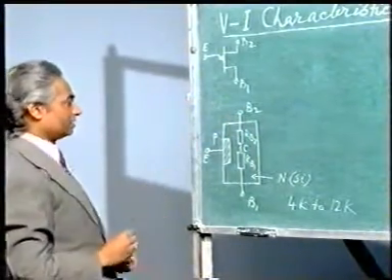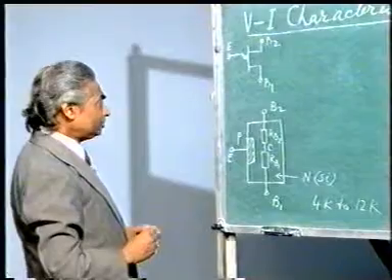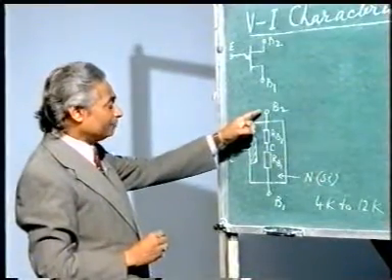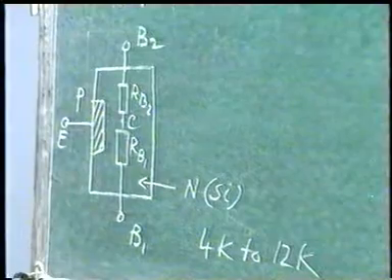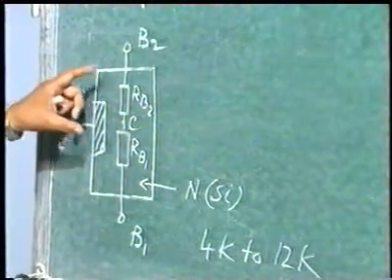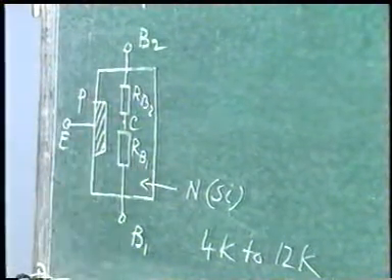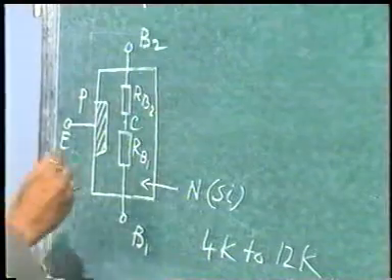This is the construction. Now suppose I give a supply between B2 and B1. B1 and B2 are known as the interbase terminals. So total resistance between B1 and B2 will be Rb1 plus Rb2, which is known as interbase resistance.